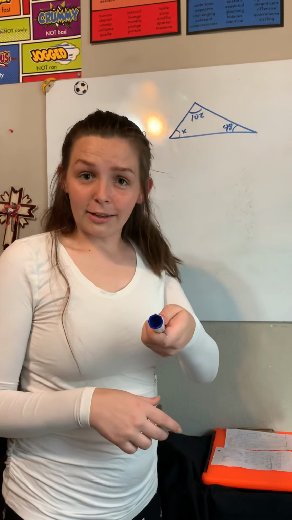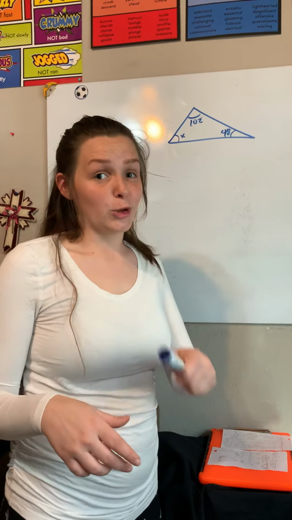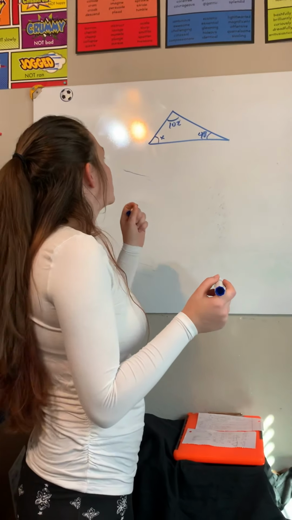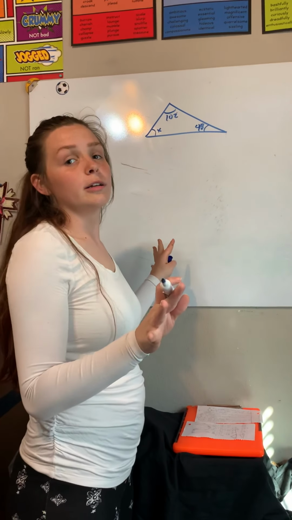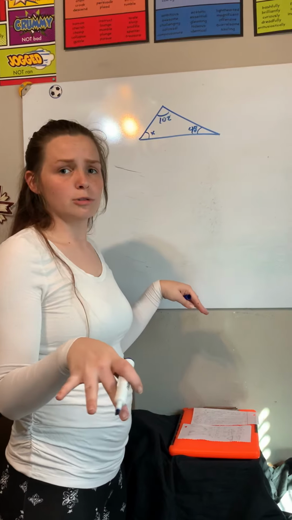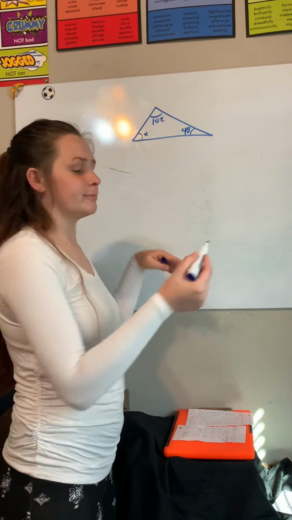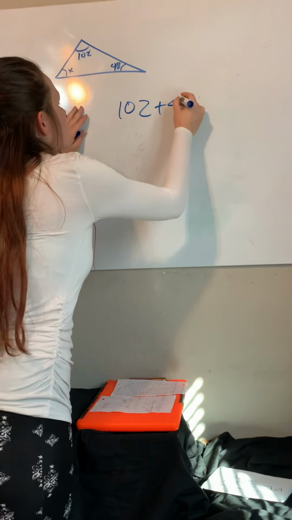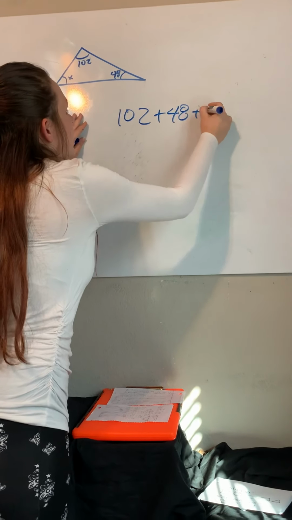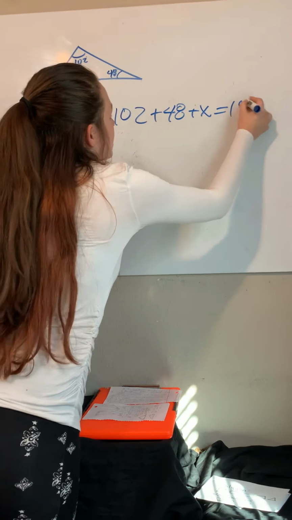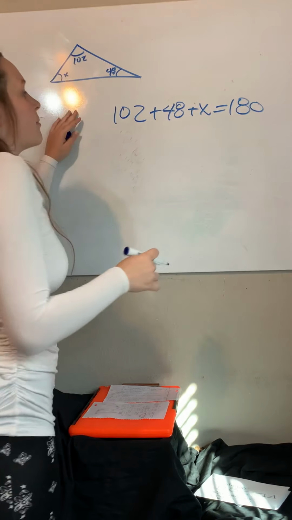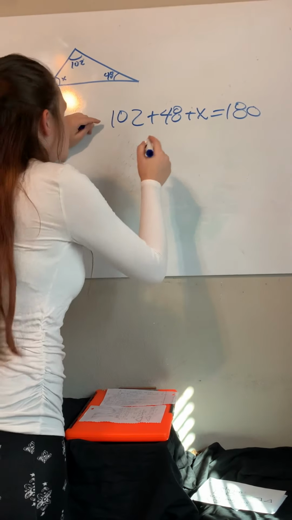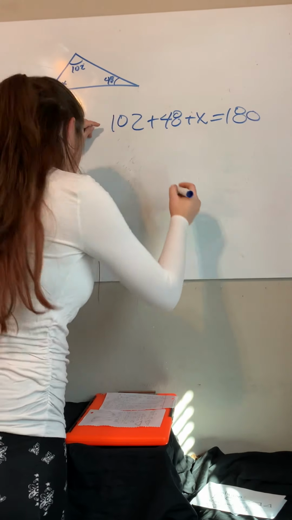I also said that they all had to add up to 180 degrees. So let's start by adding up all the angles and setting it to 180. So we have 102 plus 48 plus X equals 180. Alright, so 102 plus 48 is going to equal 150.